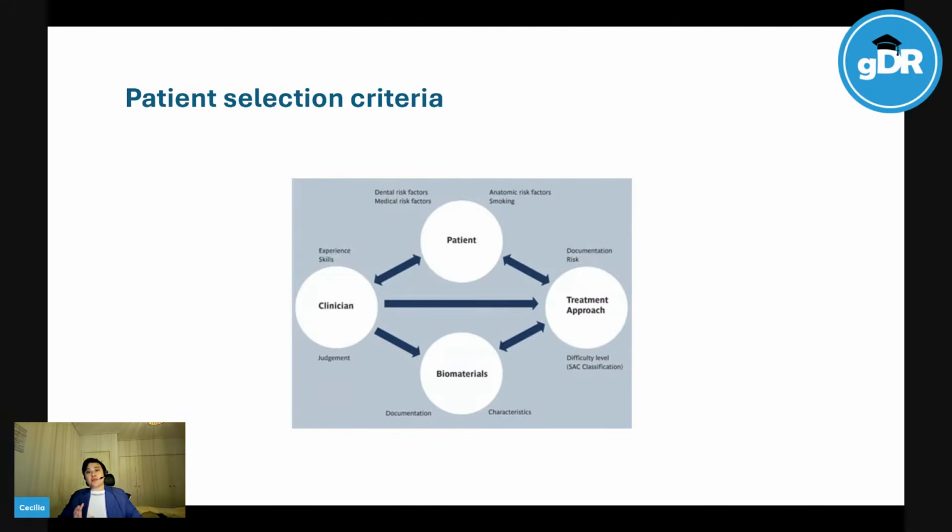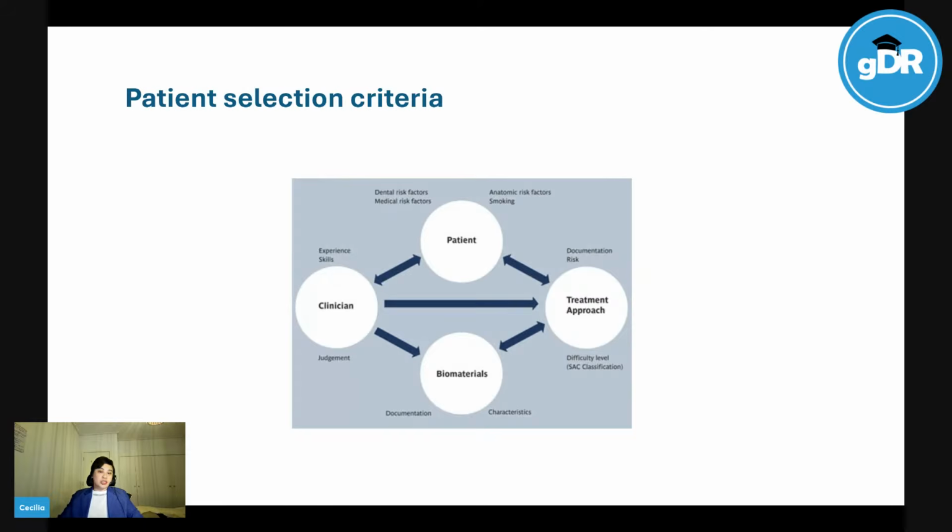We have to then pick our treatment approach, and this could be, hopefully for you, a simple case first, and then you can move on to advanced and complex. And then biomaterial. So that would be your implant or your bone graft or what kind of crown you're going to put on your tooth. So those are all decisions that you need to make as an implantologist, basically.